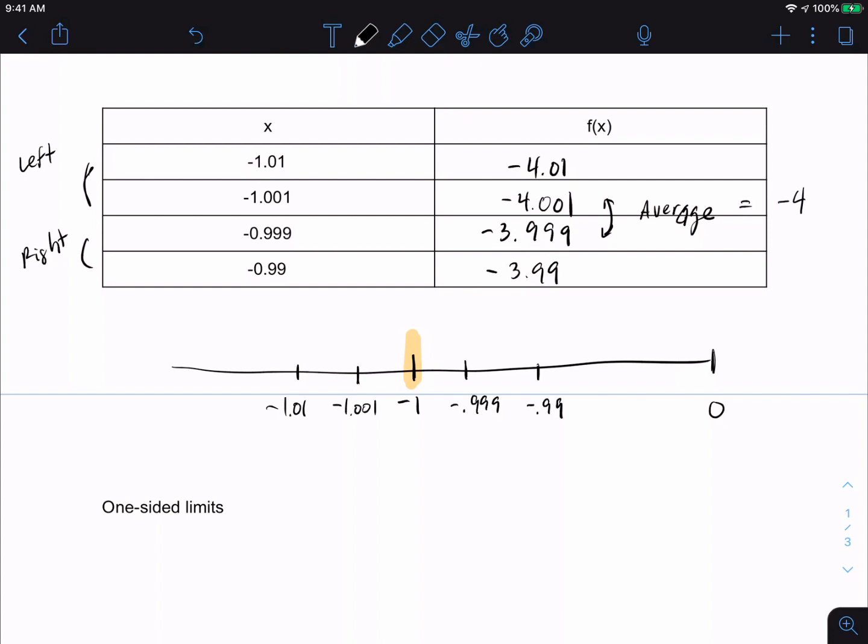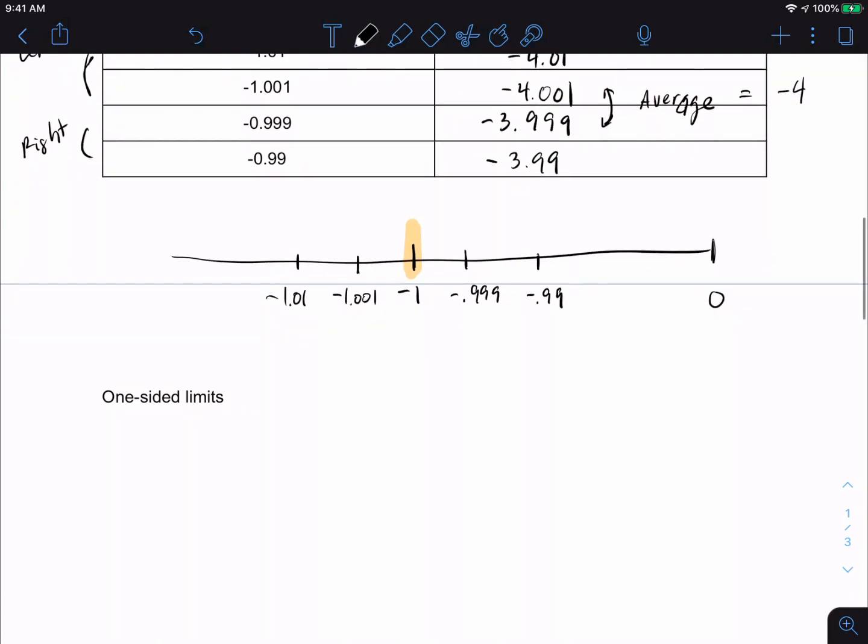But it's good that you asked that question because it showed you the approach. Just so you understand, coming from the left or coming from the right, if I say as x is approaching a number, that's going to be left and right. If I say as y is approaching a number, now we're talking about top and bottom. Does that make sense? Okay. It just depends on the variable that I'm using.